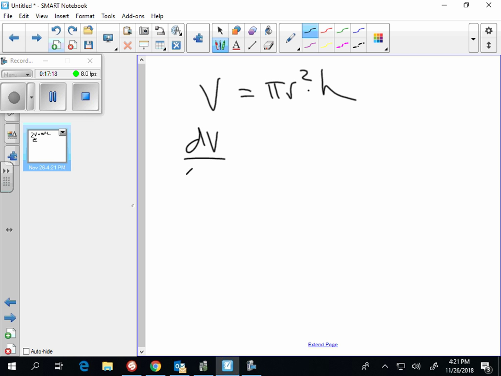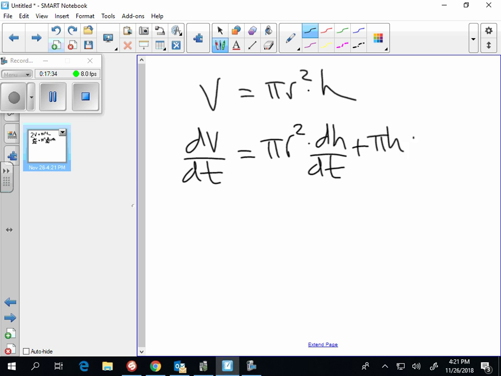So dV/dt equals pi r squared times the derivative of h with respect to time, dh/dt, plus pi h times the derivative of r squared, 2r dr/dt.